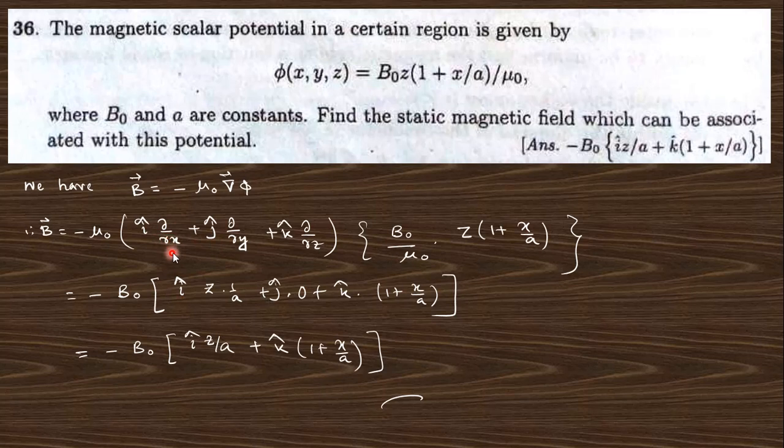So if you take i cap del by del x, then we get only z into 1 by a, and when we take j cap there will be no y, that is 0, and for z, this will be 1 plus x by a. Simple. Just taking this gradient, you will get this answer.